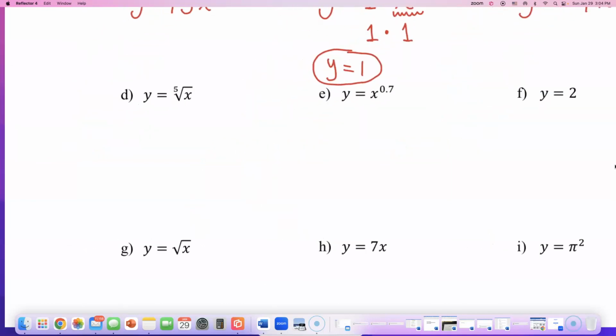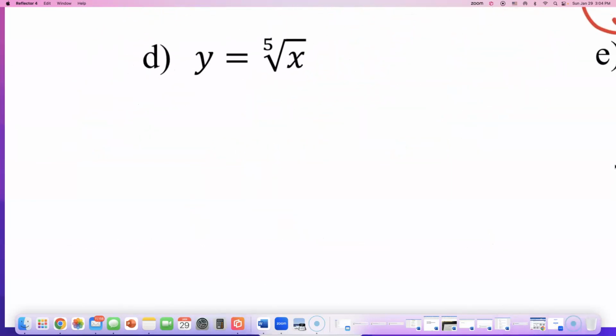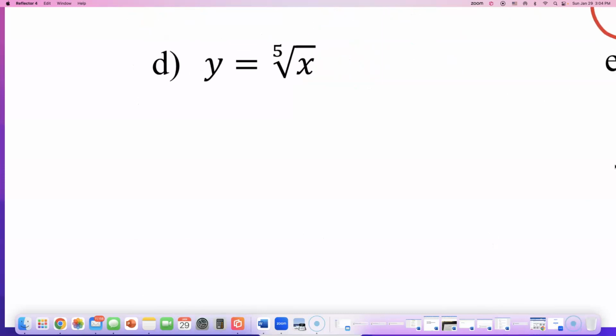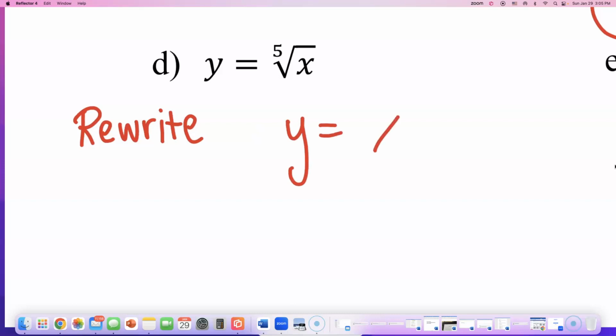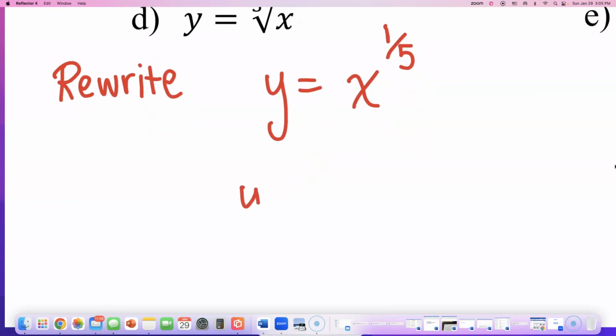So D, it's not written in exponent form. So you will have to rewrite this first. Anytime you see an expression that is not in exponent form, rewrite it. You can write this as y equals x to the 1/5 power, because that's what fifth rooting is, raising it to the 1/5 power. So let's bring down that exponent of 1/5 to the front.